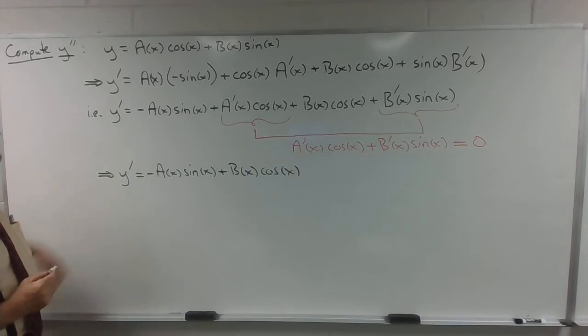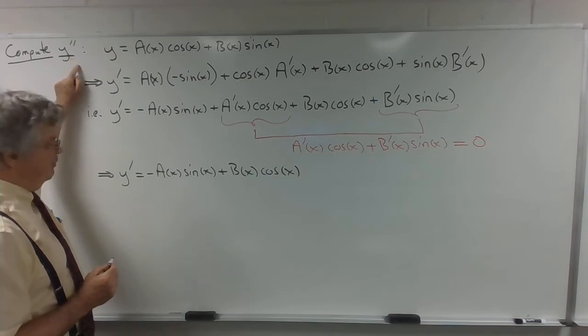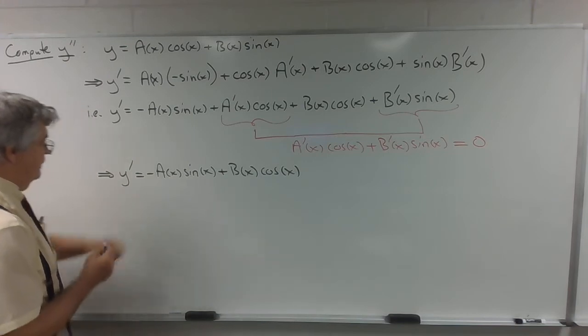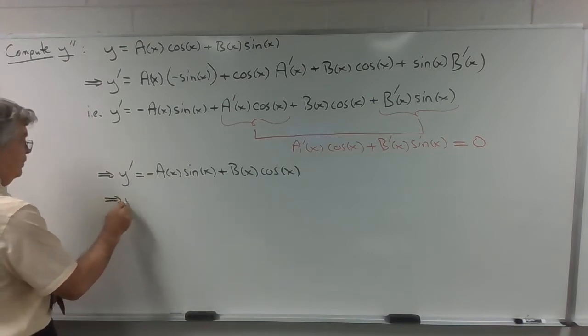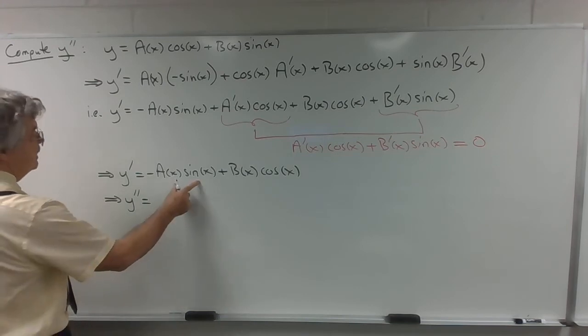And don't forget, we're trying to compute y double prime. So compute the derivative of both sides here. And we get y double prime equals, we got a product here.